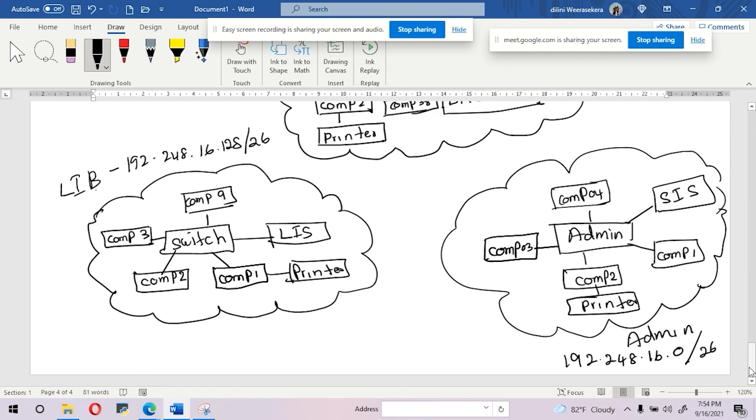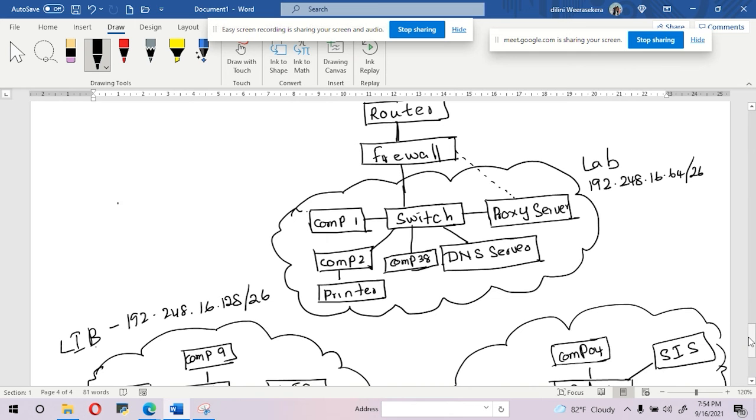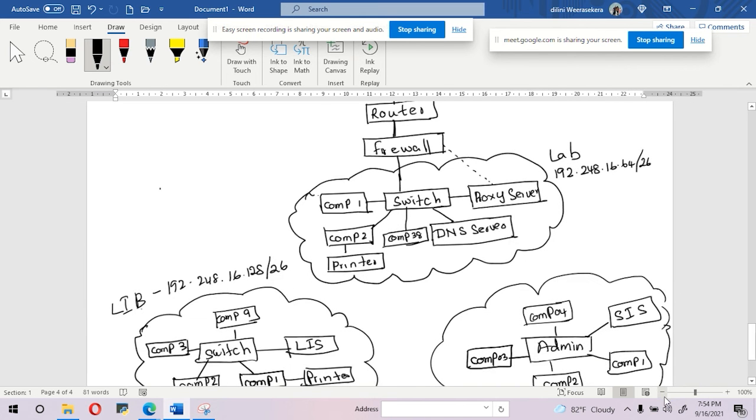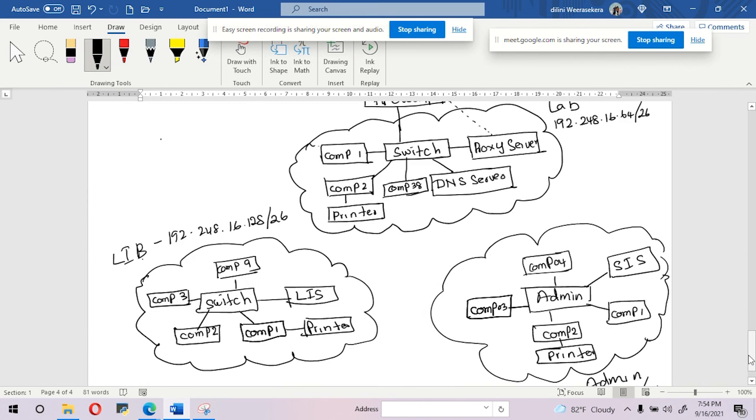Now what happened? All of this has to be connected to this because they say the lab is situated somewhere 500 meters away. So these two have to be connected to this switch. So here I'm going to connect to a switch. And I will draw this with less space. Then computer 38.